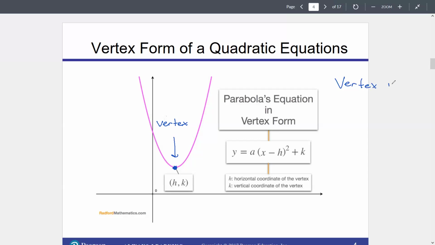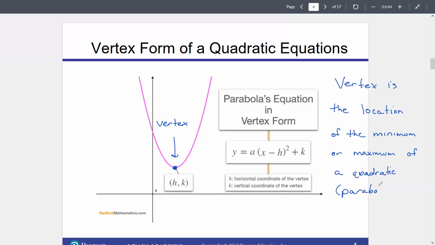Like I said, the vertex is the location of the minimum or maximum value of a quadratic in this case, and we're mostly talking about the graph of the parabola.